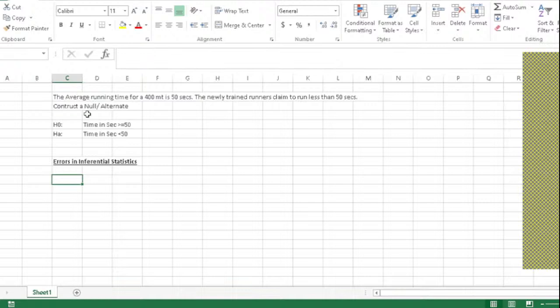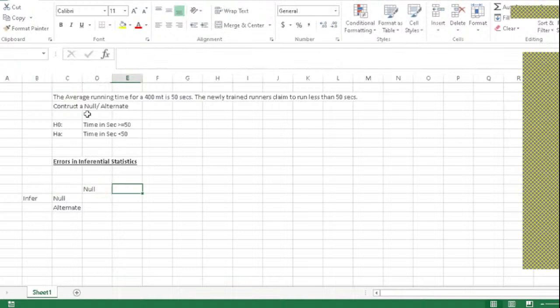Null. What options do you have? Null and alternate. We try to predict, or infer. On the other hand, what can be the actual situation also?